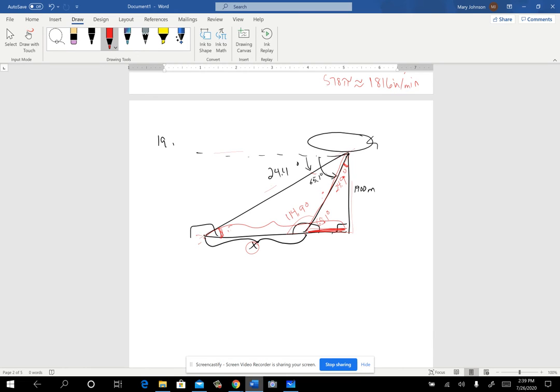So I know this has to be 24.4 degrees. If you didn't notice that, you could figure it out, because you can find just this angle by taking 65.1 and subtracting the 24.4. See how this is 24.4, this is 65.1. So just this angle has to be 40.7.